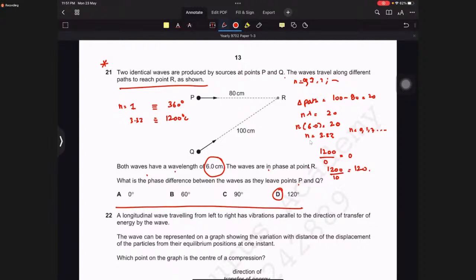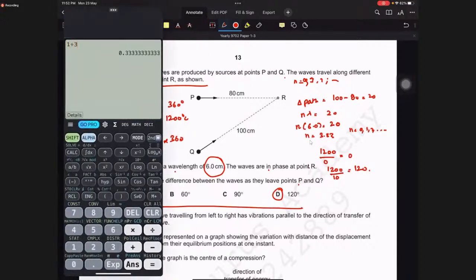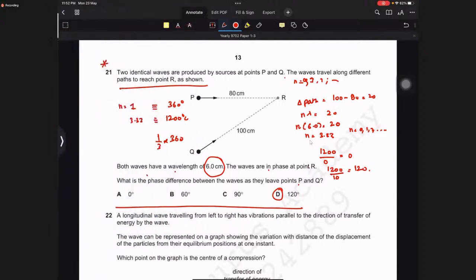Is it clear? So that's fine. Now, Sir, yes, there's a video about this question. They multiply 1 over 3 by 360, and that gives you 120. 1 upon 3 by 360? Yeah. What is 1 divided by 3? 0.33. Yeah, basically they did the same thing actually.